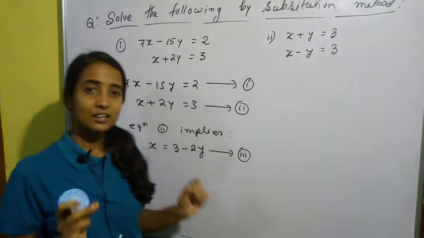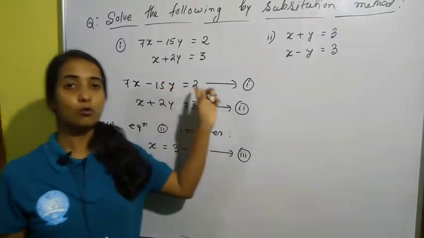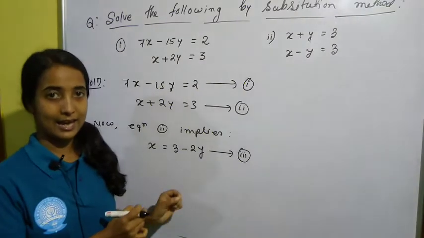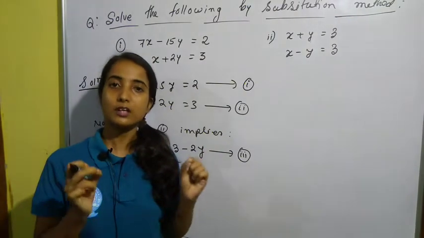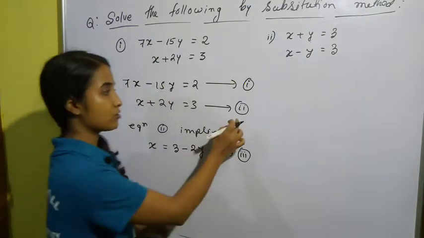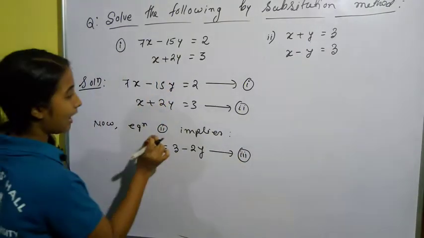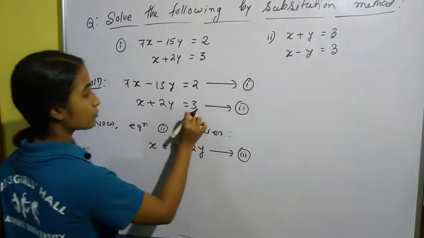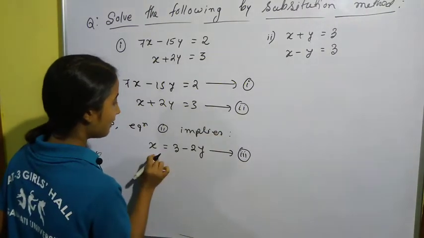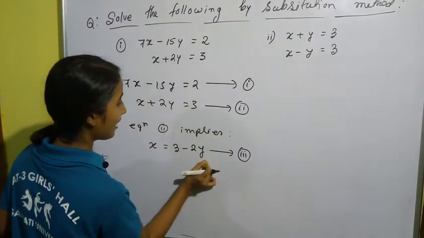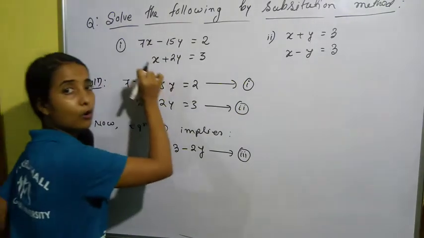Or if you take equation number 1 to find the value of x, then you have to put that value of x in equation number 2. Remember that. Now I took equation number 2, therefore I am putting this value of x in equation number 1.